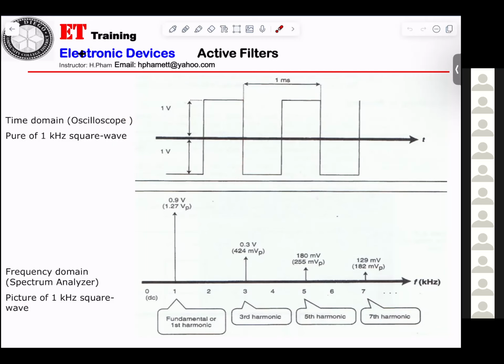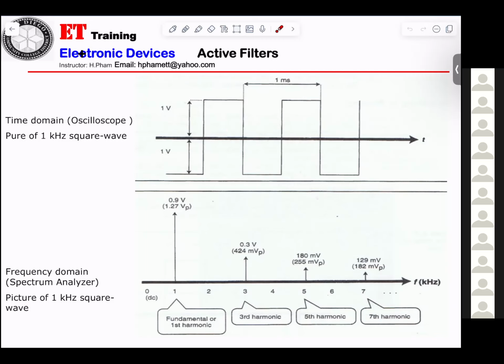However, if you display on the frequency domain, that means you're using the spectrum analyzer. They display the same signal.